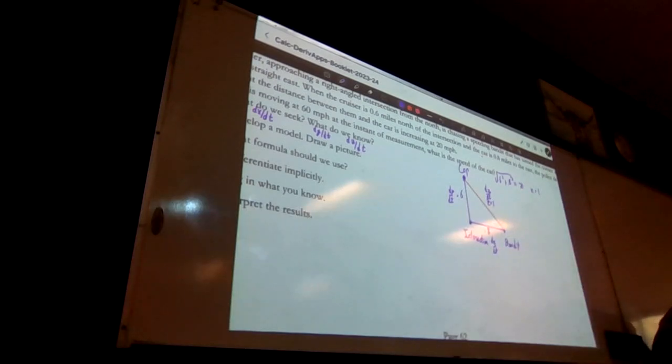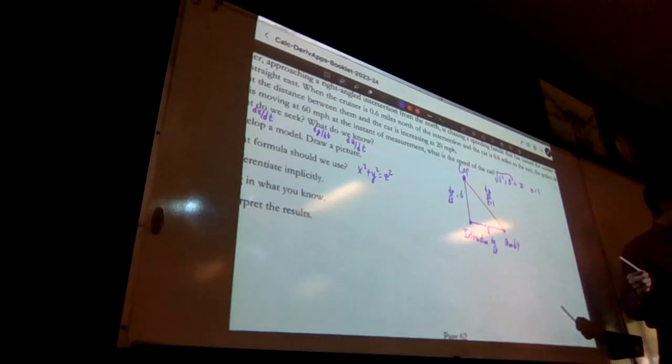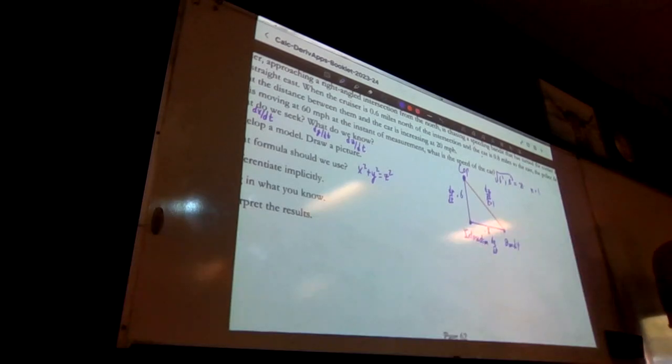We get x squared plus y squared is equal to z squared. Then, can I take the derivative of this pretty easily? Yes. And remember, take it with respect to t.